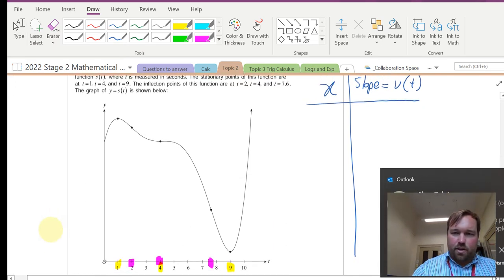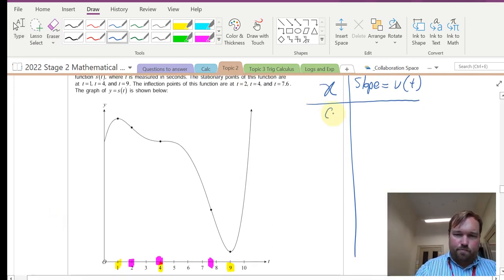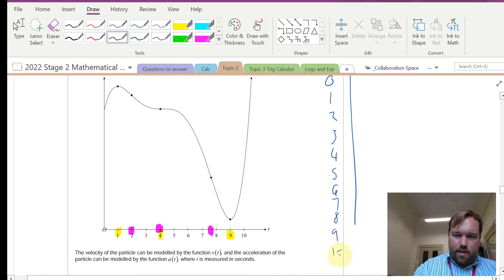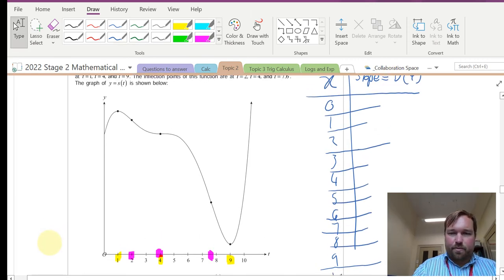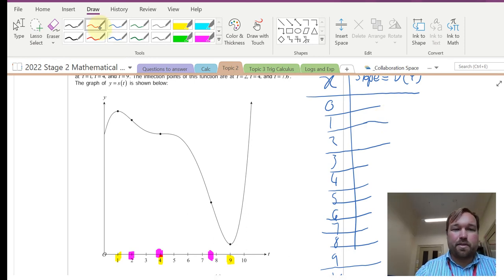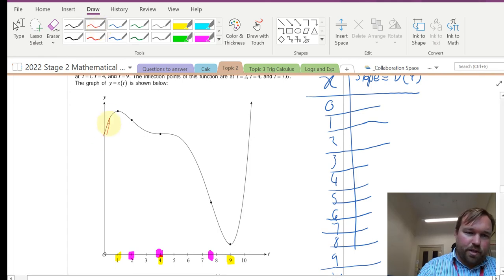As the x values go, I would go 0, 1, 2, 3, 4, 5, 6, 7, 8, 9, 10. You don't actually have to do numbers if you don't want, but I'll put numbers on. At 0, we start off quite positive, 2. At 1, we're at 0, and then we go negative, so minus 1 for the next point.